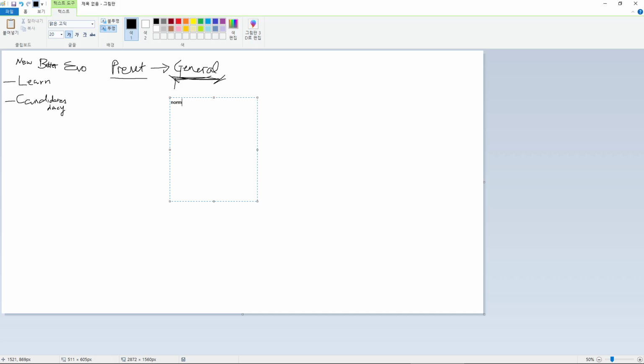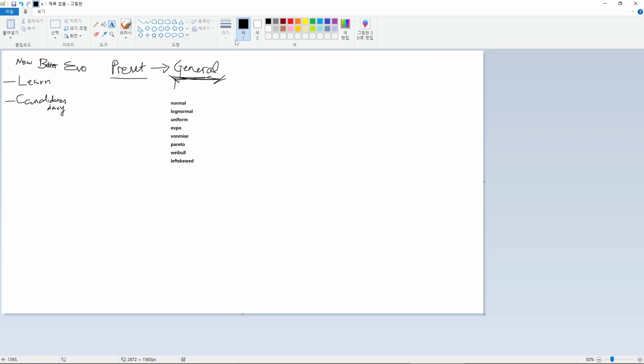there are 8 types of distributions. There's normal, log normal, uniform, exponential, Mises, I think, and then there's Pareto, that's 6, and then there's Fable, and then last, left skewed. So 8 things to choose from for 2 sets.